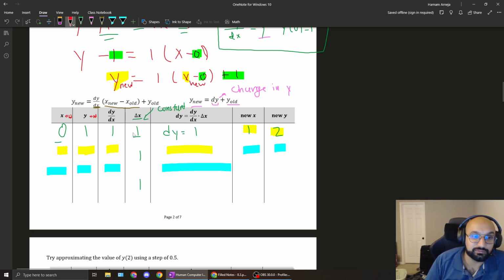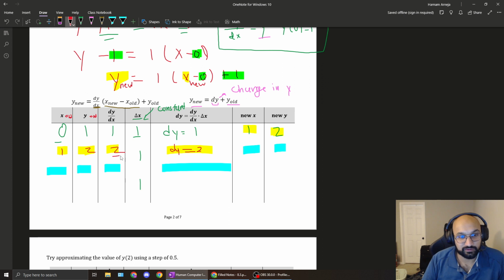So let's go through the next iteration. We take 1 and 2 to be our values. Dy dx is once again just equal to y, so therefore it's 2. The total dy is these two numbers multiplied, so it's just 2 times 1. It's coming from here and here, 2 times 1. I'll show the work on this one too.